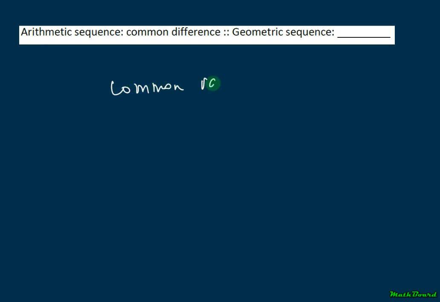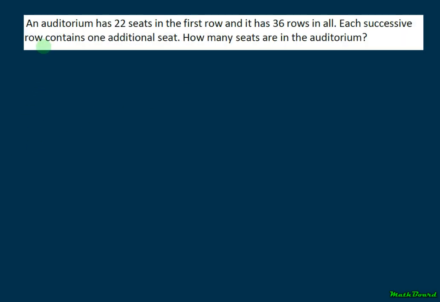An auditorium has 22 seats in the first row and it has 36 rows in all. Each successive row contains one additional seat. How many seats are in the auditorium? The second statement tells that the series here is arithmetic because each successive row contains one additional seat.